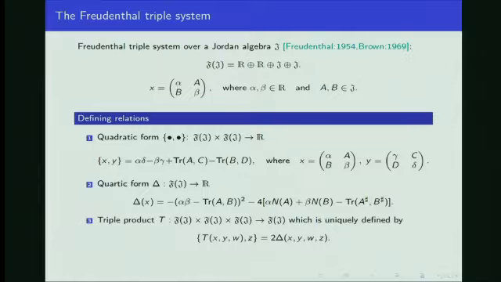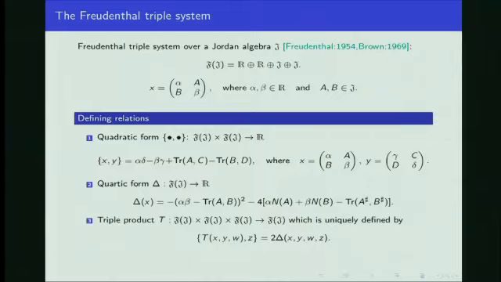What I really want to focus on is this FTS, Freudenthal triple system. And in humble language, the Freudenthal triple system is like a 2 by 2 matrix, except the off-diagonal entries, instead of being real numbers, are elements of the Jordan algebra. So they'll be octonionic in our case.